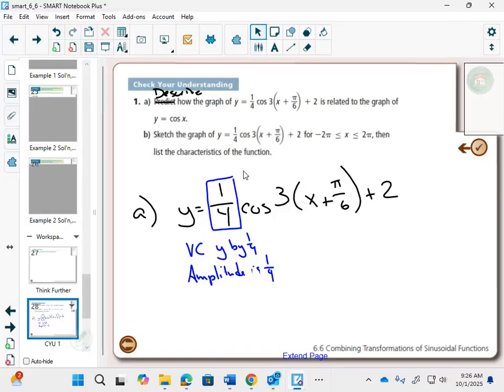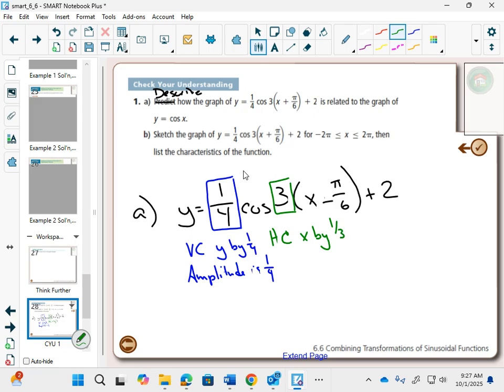Next, the 3. You could describe this with transformations. This is a horizontal compression. Your x values would get multiplied by 1/3. And in particular, that changes our period. Our period is 2 pi over 3.